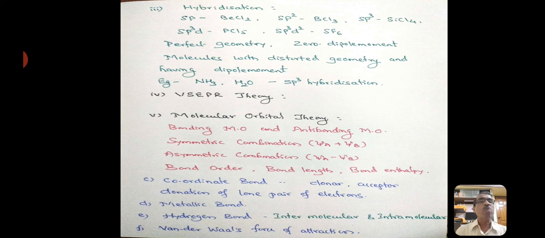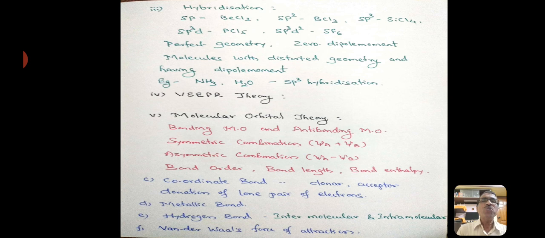A coordinate bond is shown by an arrow from donor towards the acceptor. Generally, the acceptors are transition metal ions, and the molecules having lone pairs of electrons act as donors. Detailed study of this coordinate bond you are going to do in the 5th semester, in a topic called coordination chemistry.